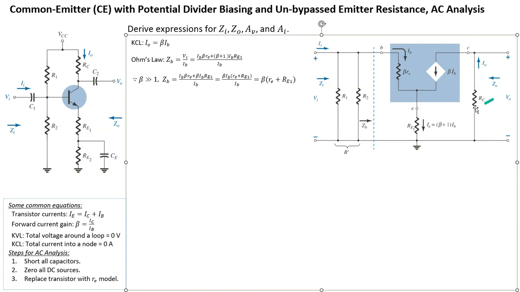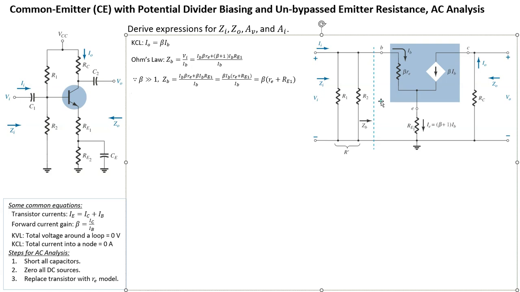Now we have ZB. Let's figure out what the rest of the components are. For II, we can express II in terms of IB, because IB enters into ZB. So basically you have the three impedances in parallel. You have R prime, which represents R1 and R2, and you have ZB. So all three components are in parallel.